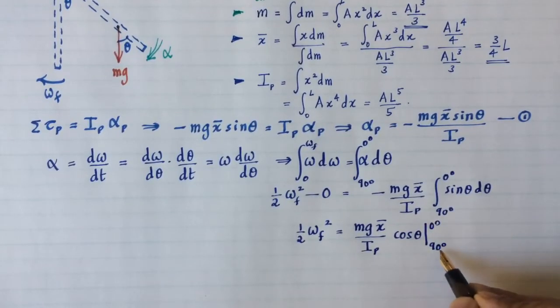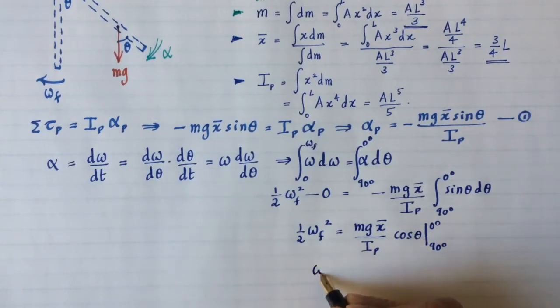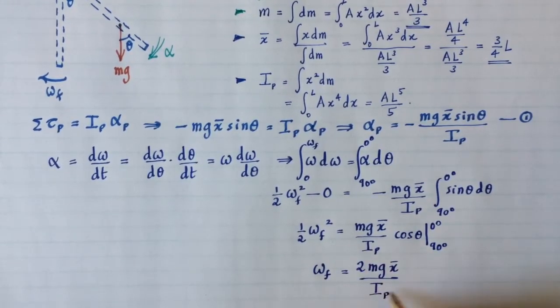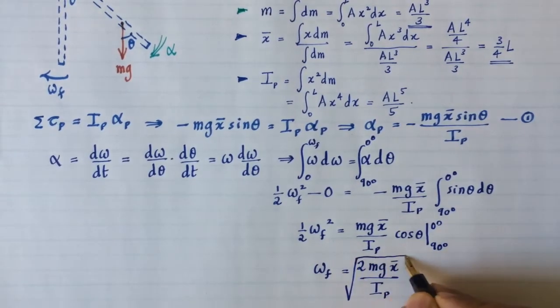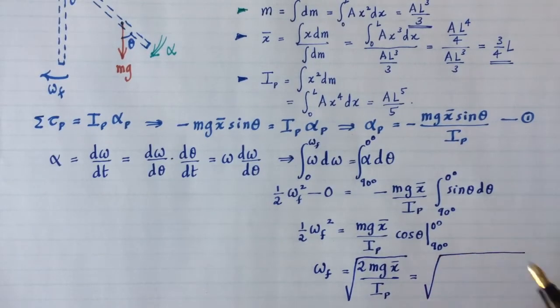The lower limit does not contribute because cosine of 90 is 0. The upper limit contributes, and that's cosine 0 degrees, which is 1. So I'm going to get omega f is equal to 2 times mg x bar over I sub p, the whole thing square root. So that's the answer, and let's substitute some values inside.